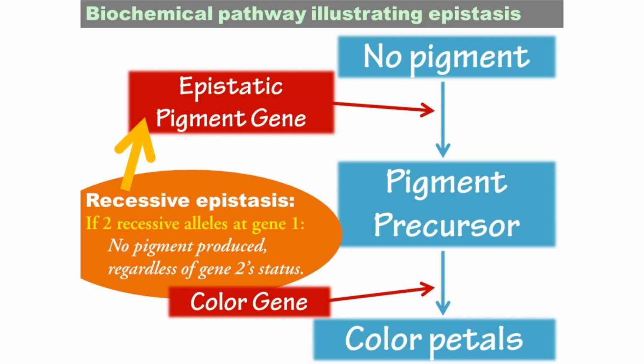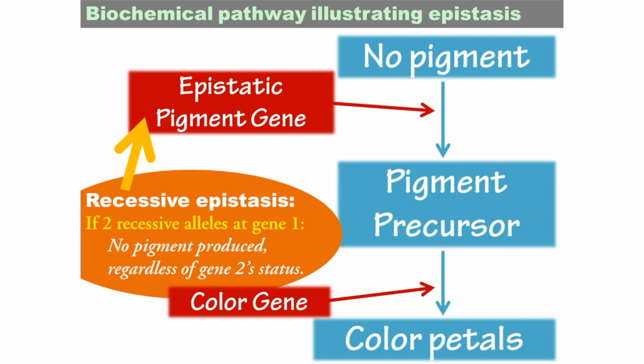So we go down the two steps here. Two genes are influencing it because they code for an enzyme that catalyzes the reaction from step 1 to 2 or step 2 to 3. In the case of recessive epistasis, what happens is that if you've got two recessive alleles for that epistatic gene, then it means you're going to be producing the pigment gene that doesn't function right.